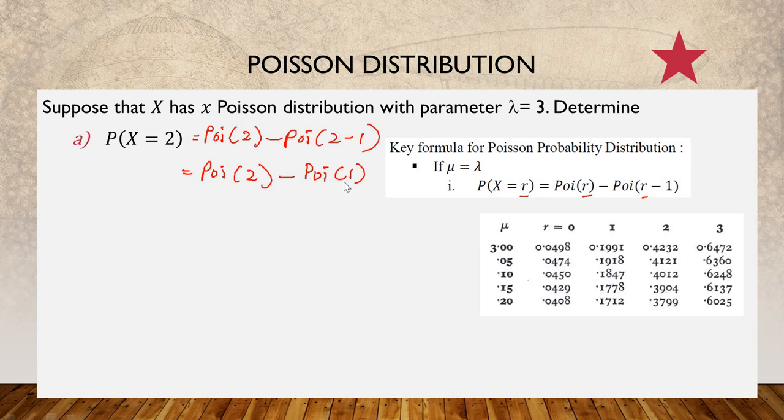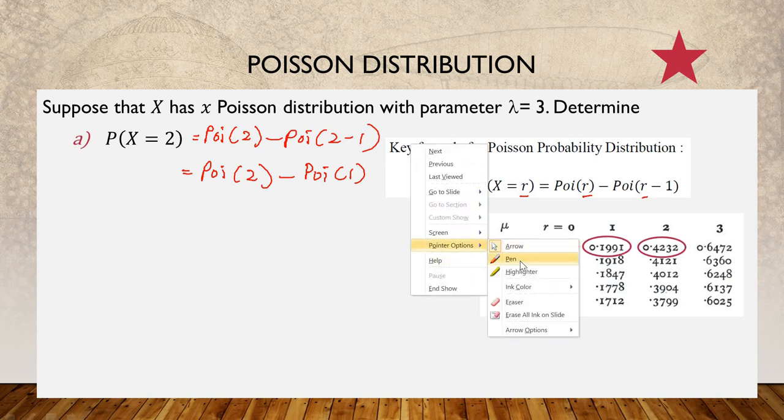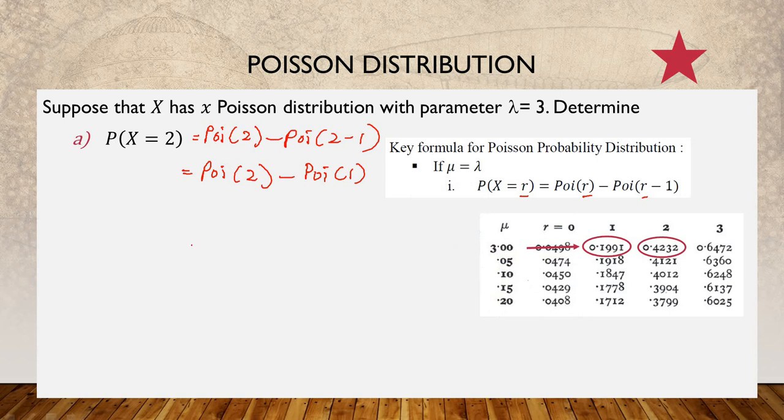Our r is 2 and 1. So at mu equals 3, r is 2 and 1. We put 0.4232 minus 0.1991. Then take the calculator and calculate, and we have 0.0221.